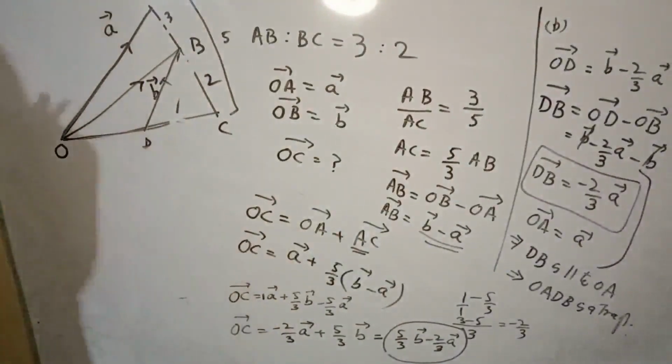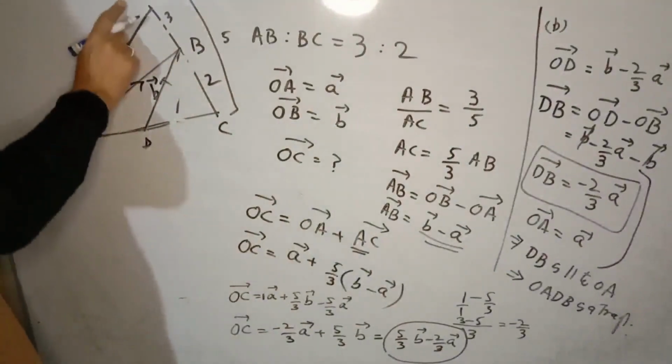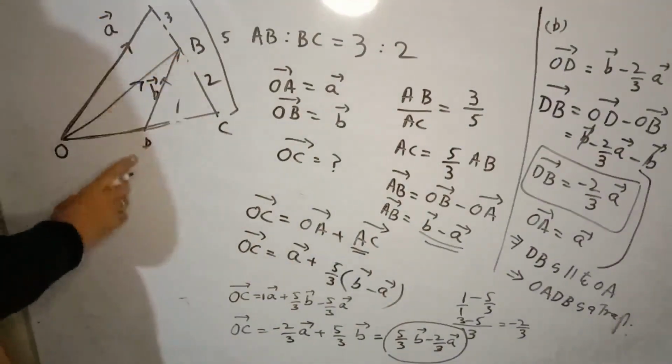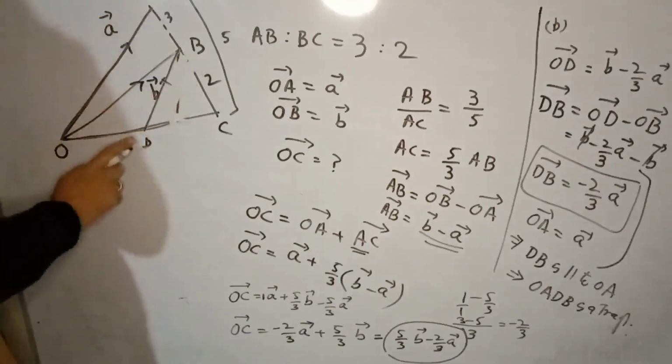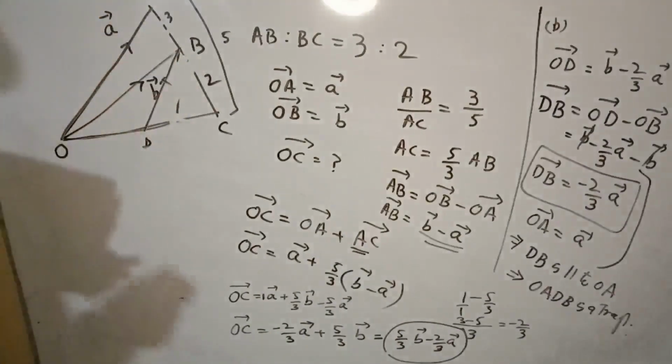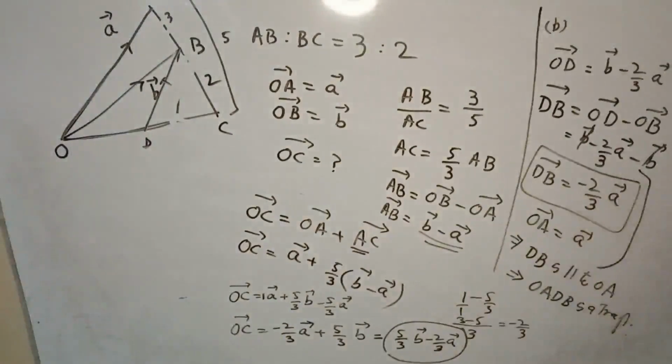Therefore, we can say that OA is parallel to DB, but AB is not parallel to OD. Therefore, two sides are parallel and two sides are not parallel. When two sides of a quadrilateral are parallel and two are not parallel, then it shows that the quadrilateral is a trapezium.